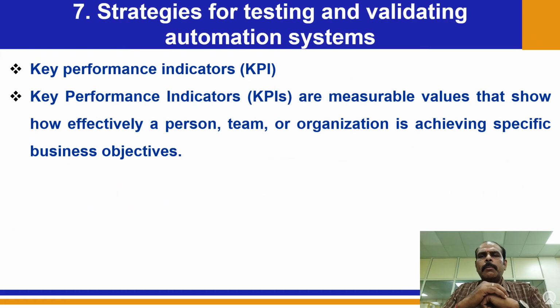Everywhere we come across this new term, KPI, key performance indicators. Basically they are tangible, measurable values that show how effectively a person, team or organization is achieving specific business objectives or not.